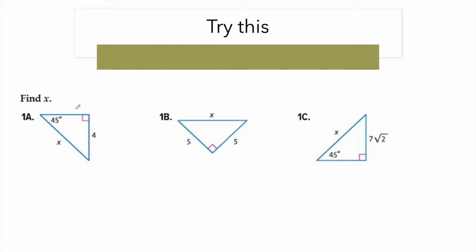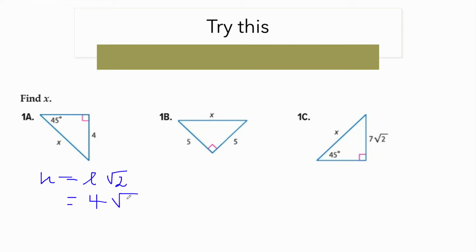Right, now let's check the examples. That means our length here is what? 4, because if we have 90 and 45, we need 45 to make 180. So our rule is H is equal to L root 2. What is our length? 4.